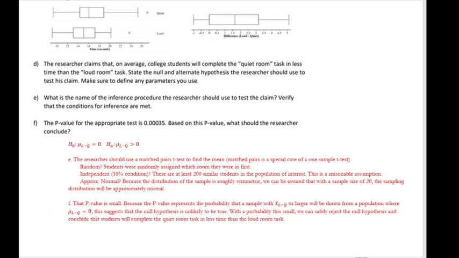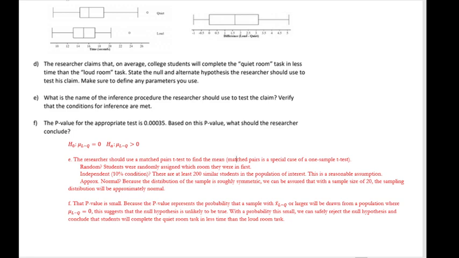One thing that I do want to make sure I deal with before we get to the next problem. Some things to watch out for. In the problem that we just did, the trap that is easy to fall into is the matched pairs versus two sample.